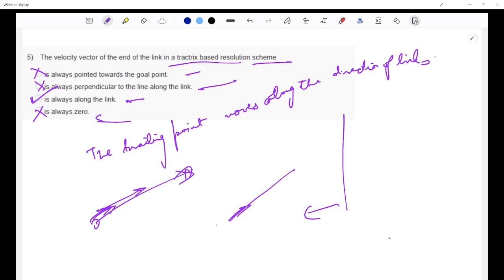That path is a tractrix curve, provided the leash is completely taut. So the tractrix motion property is that the velocity of the trailing point is always along the link. The link endpoint moves along the link direction, minimizing sideways motion. Okay, let's move to the next question.